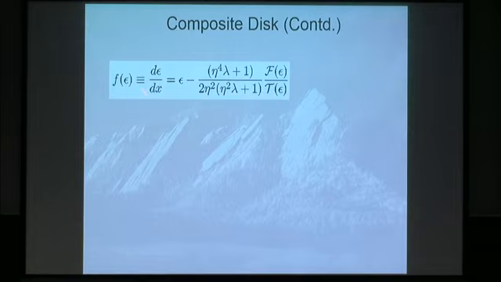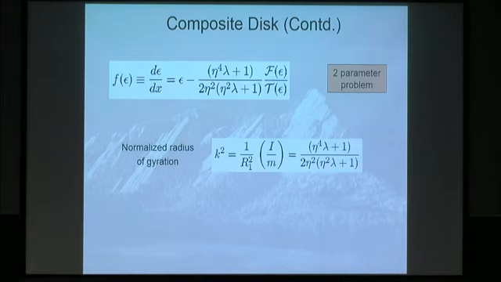Now, if you compute what that function f of epsilon is for which you want to find the zeros, the fixed points, you get a two-parameter problem depending on both eta and lambda. So this is quite a complicated situation.